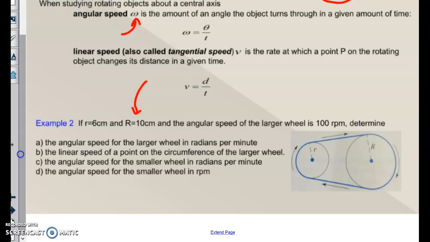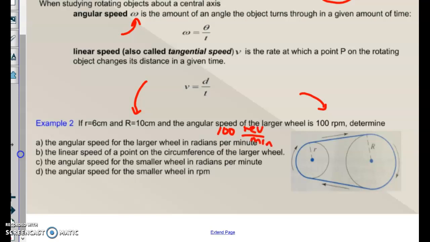So if I say it is going at 100 RPMs, which is revolutions per minute, let me write it that way, revolutions per minute.